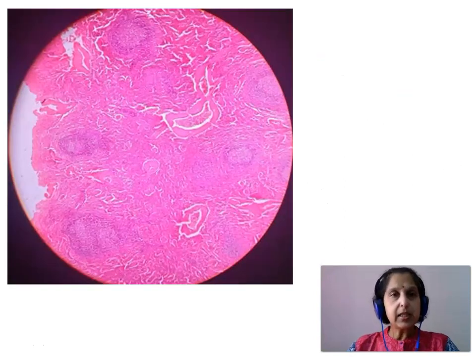Here we see a low power view of a slide of spleen where we can appreciate the basophilic stained lymphoid aggregations, and these are the white pulp showing the germinal center and the eccentric arteriole, and surrounded by this is the red pulp which is seen as the sinusoids and cords of Billroth.